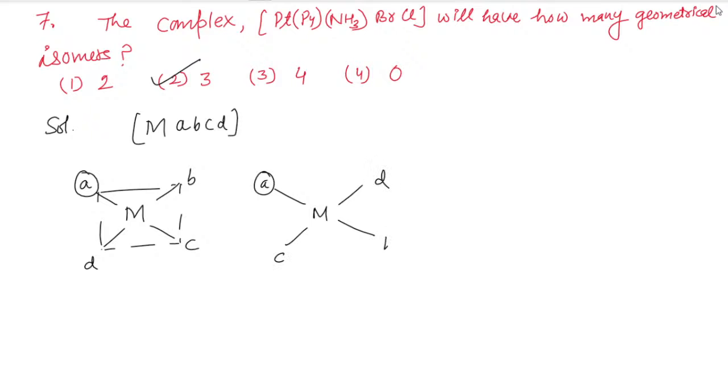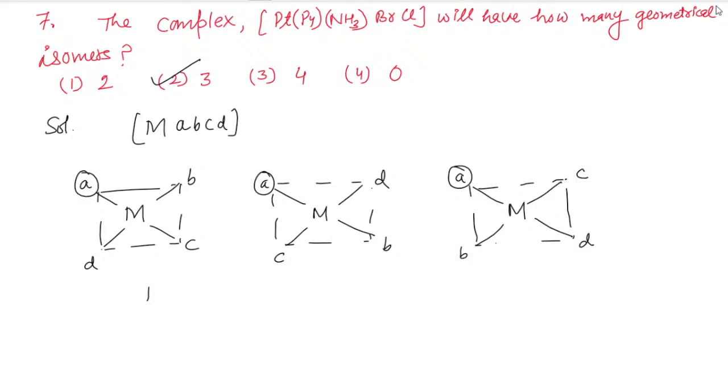C, D, B. A is fixed, C, D, B. So there are total 3, because if we rotate once again, then we get this one. So whenever we have a complex in which the metal is attached to 4 different ligands, then we have a total of 3 isomers. That's it.